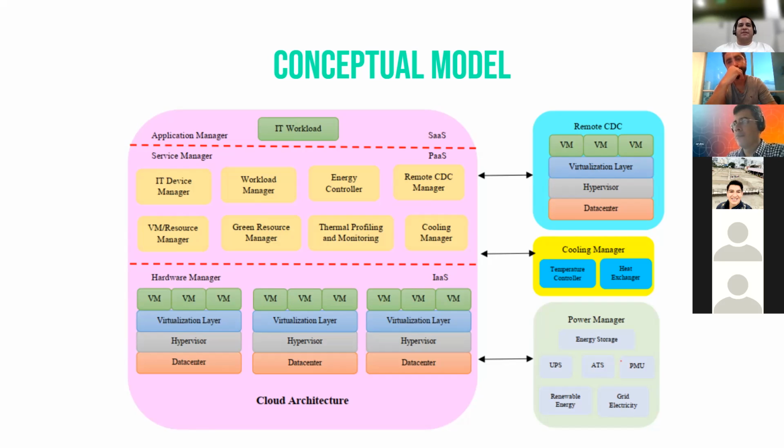For software as a service, in this layer the application manager is deployed to handle incoming user workloads, which can be interactive or batch style, and transfer them to the workload manager for resource provisioning. For platform as a service, in this layer the controller or middleware is deployed to control the important aspects of the system. Infrastructure as a service contains the information about cloud data centers and virtual machines, VMs.